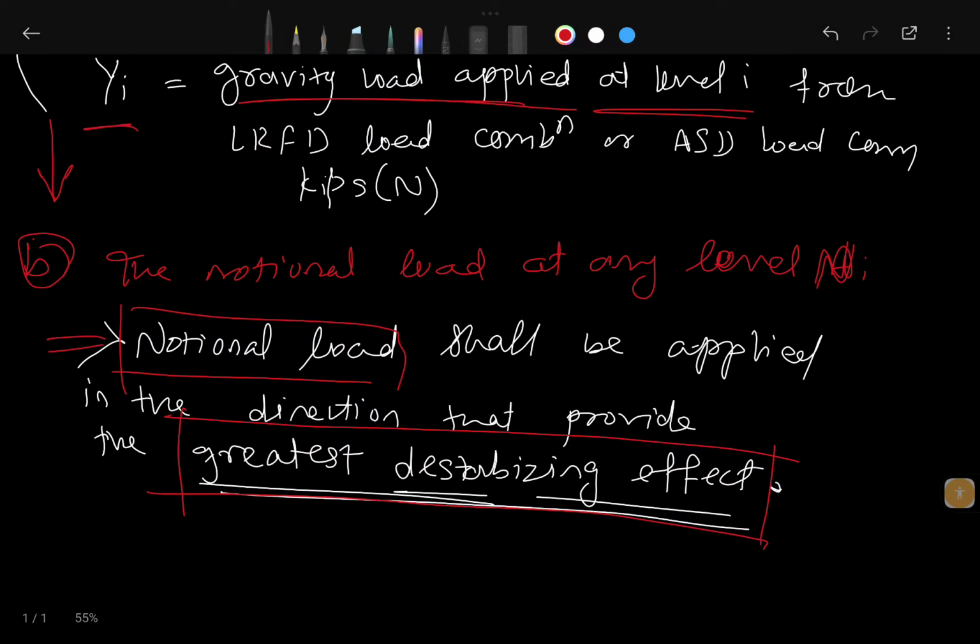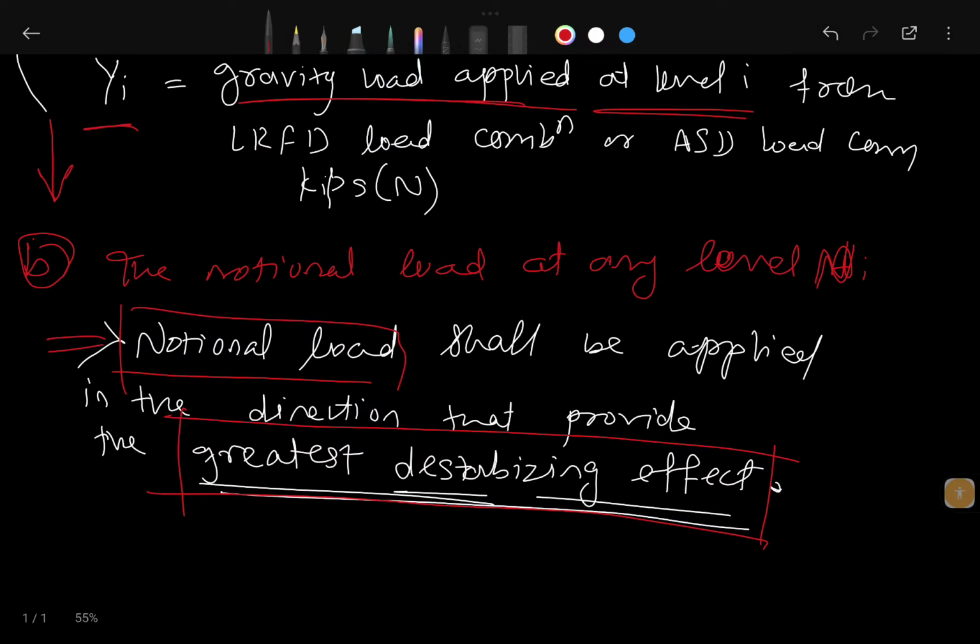Very important. For most building structures, the requirement regarding the notional load direction may be satisfied as follows. For load combinations that do not include lateral loading, we can use the lateral notional load.